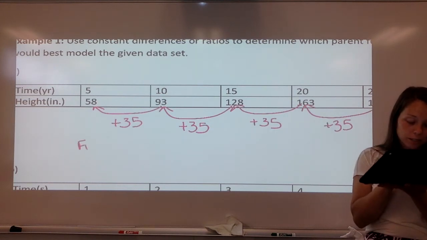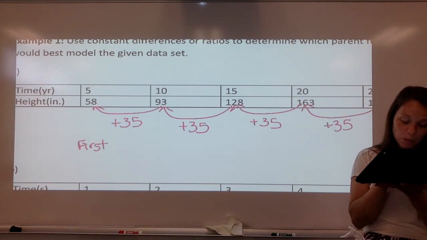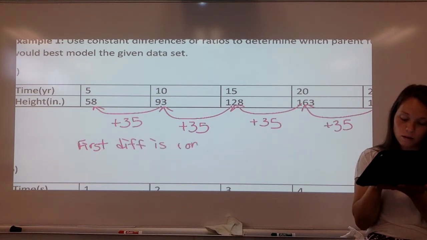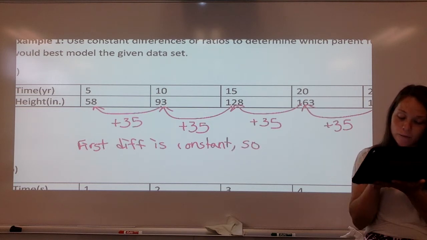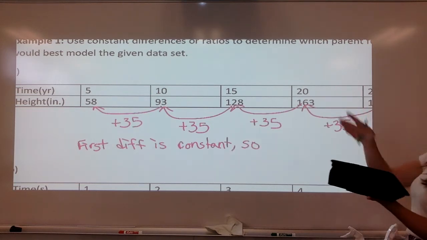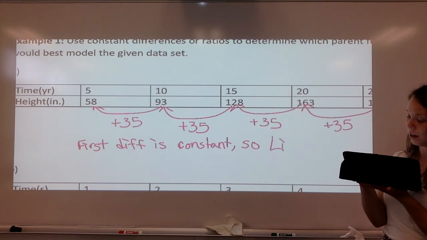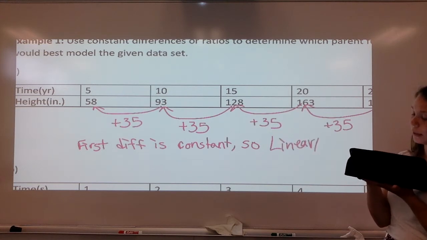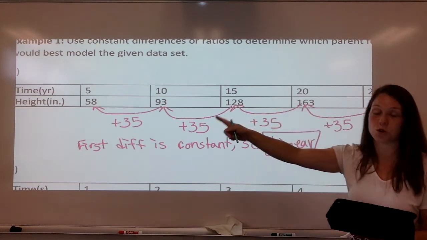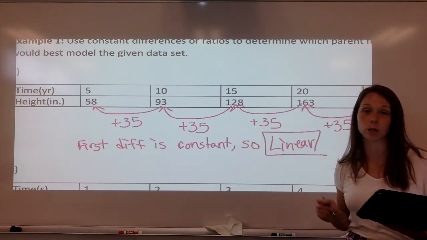So our first difference is constant, meaning it's the same number. So if we were to come up with a function to represent this table, it would be linear. And we know it's going to be linear because when we did this subtraction, we got a constant first difference.